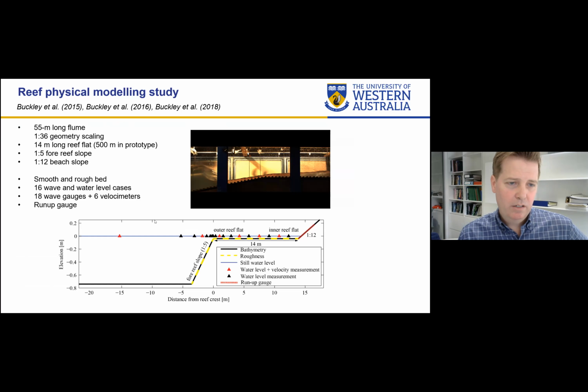We had 18 wave gauges for wave and water level measurements, and also velocity measurements. We could run this over a range of different offshore wave conditions and mean water levels relative to the reef flat depth. We also had a run-up gauge to measure wave run-up under all these different conditions.